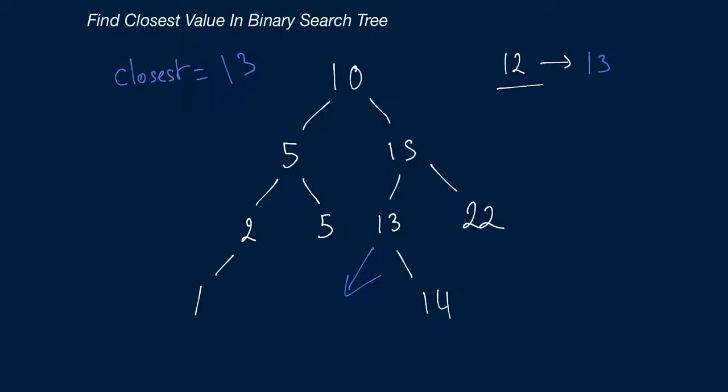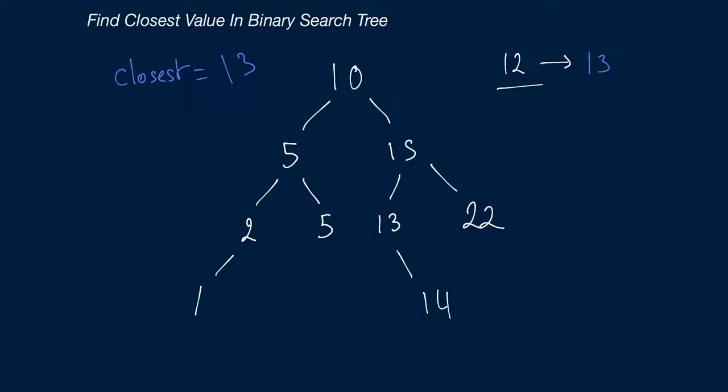Now, it's important to note that there is one little edge case that we can use to our advantage to make our algorithm a tiny bit more optimal, not really in terms of big O notation, but just more optimal in practice. And that is that if we ever get to a point where the absolute value of the difference between our current value and our target value is 0, we can stop there, right?